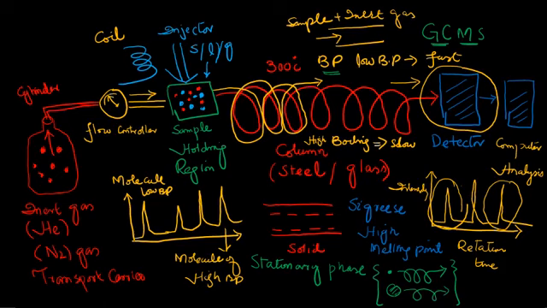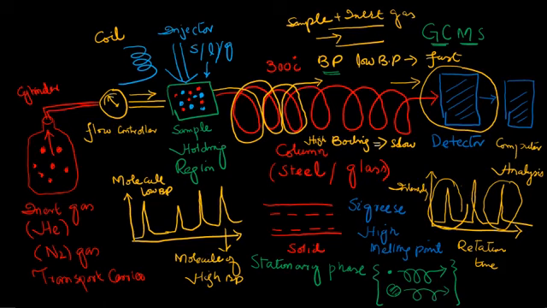So in this way, gas chromatography is used to analyze different types of complex compounds. To conclude, gas chromatography is a technique used to separate different types of molecules in complex compounds, and on the basis of that, we can identify the nature of a complex compound. We can identify what kind of molecules are present in the compound, which is known or unknown.